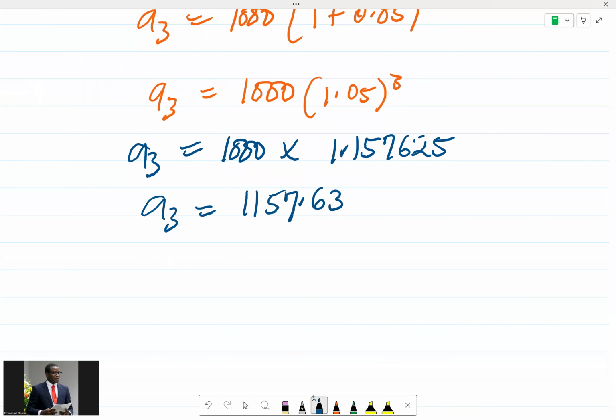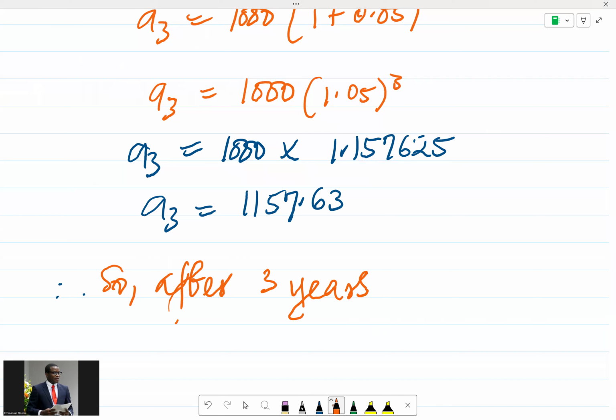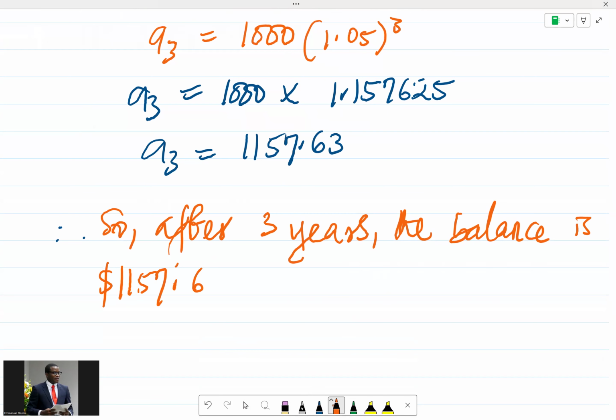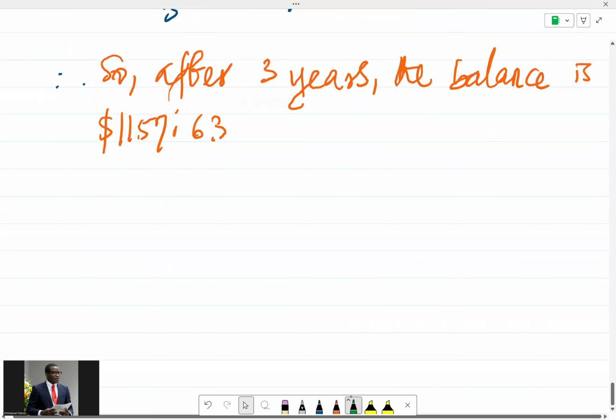So the investment would have matured to, therefore, after 3 years, the balance is $1,157.63.